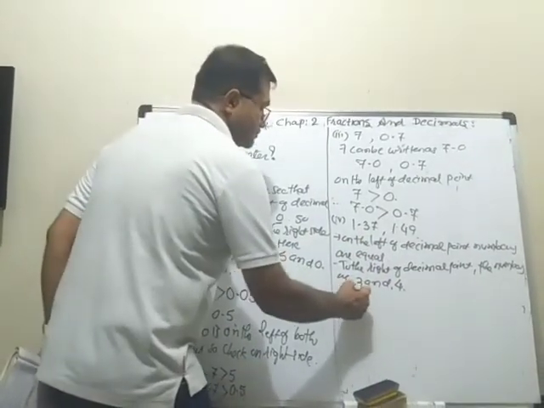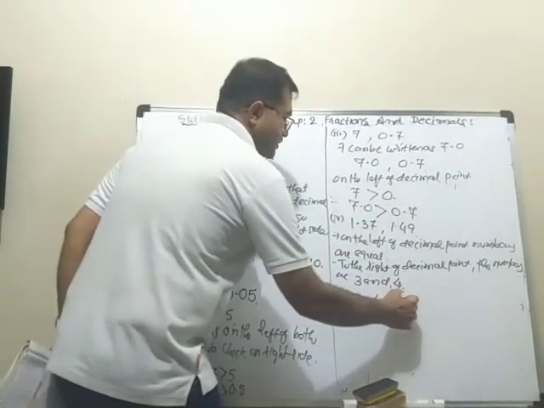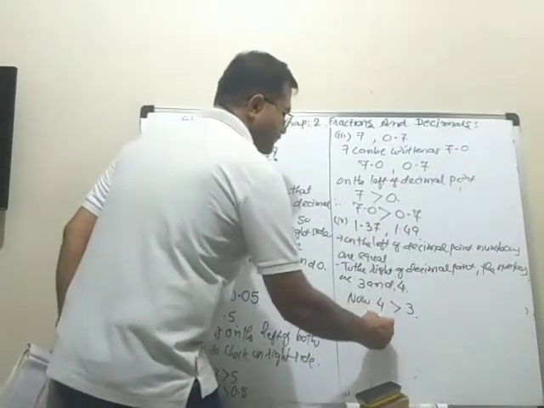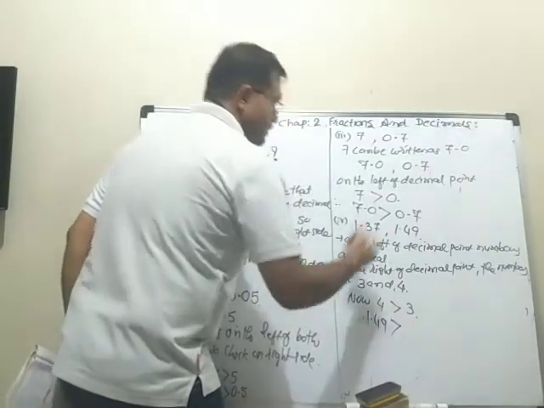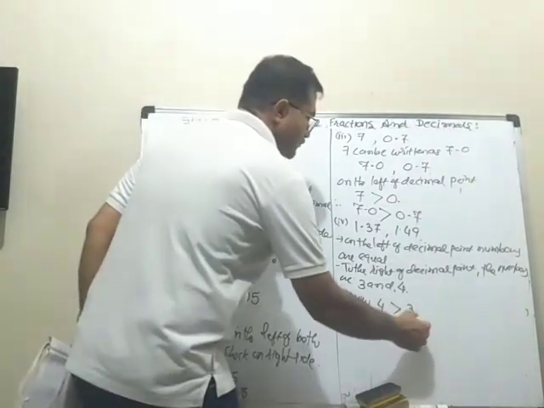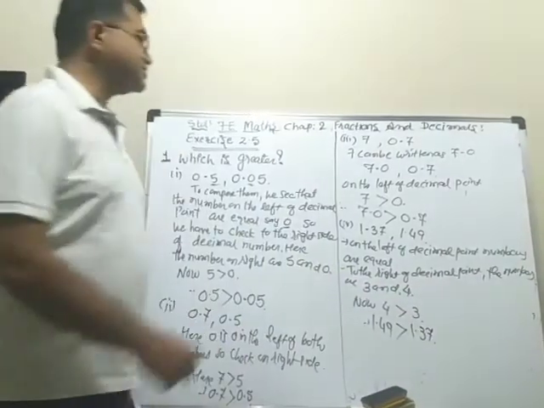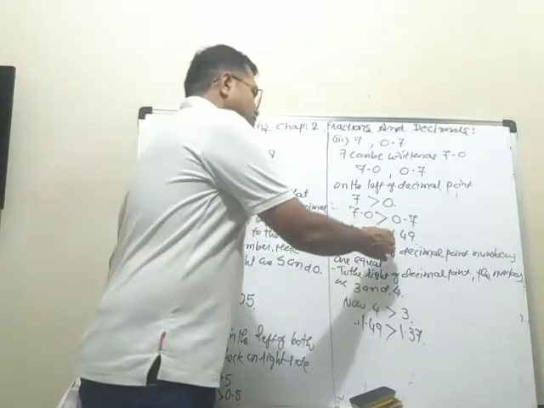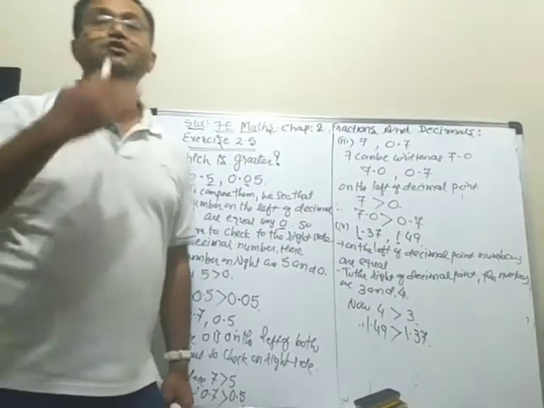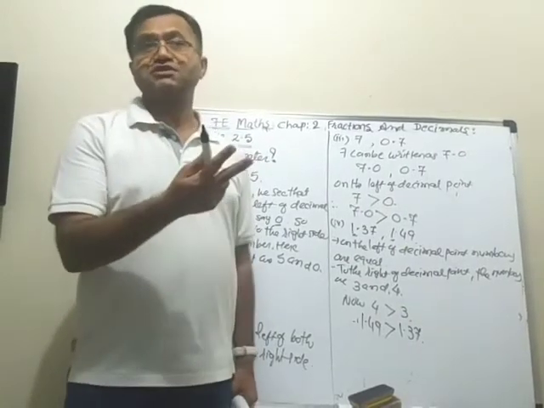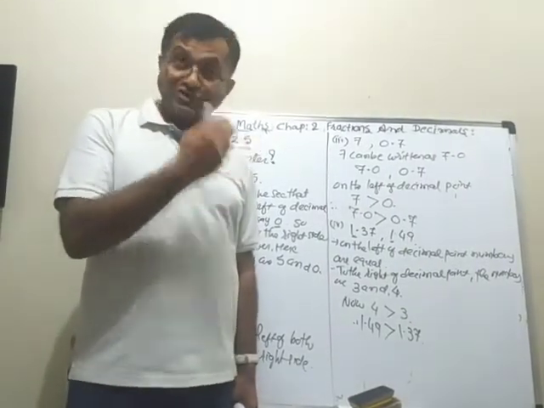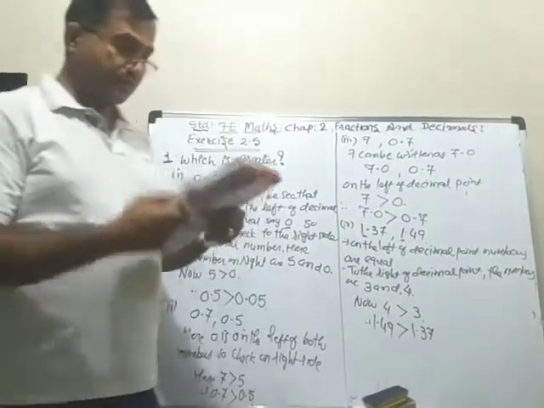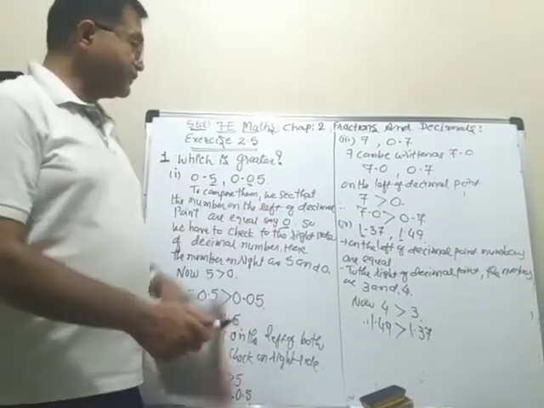Now we know that 4 is greater than 3. So where is the 4 here? Therefore the number 1.49 is greater than 1.37. So it is very, very simple. When the left side is an equal number, then go to the right side. Check the first digit. If the first digit is also the same, then we have to go to the second digit, and so on.